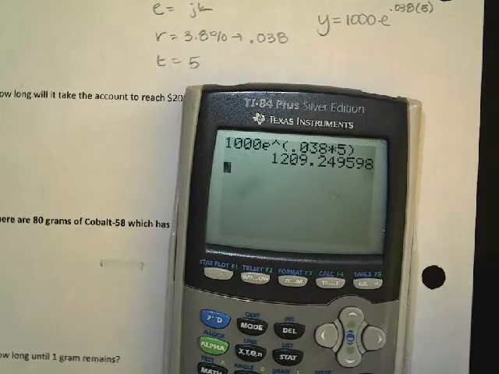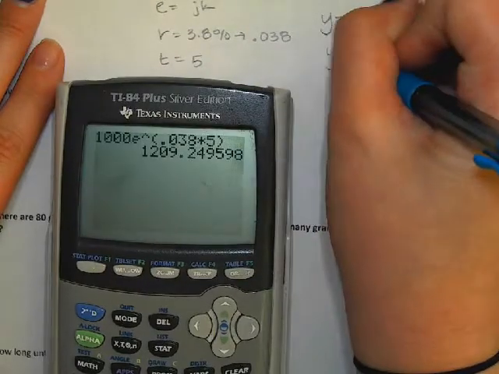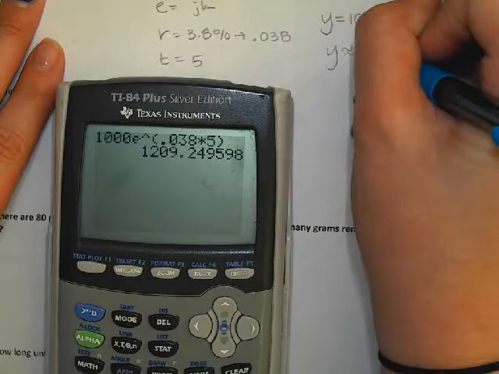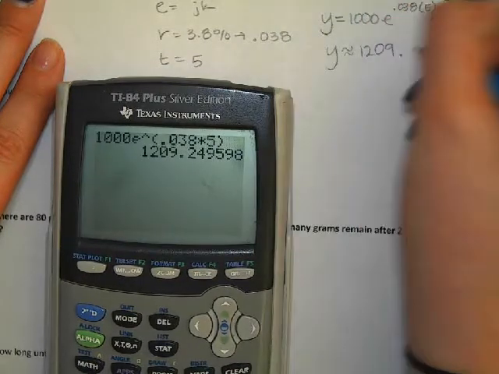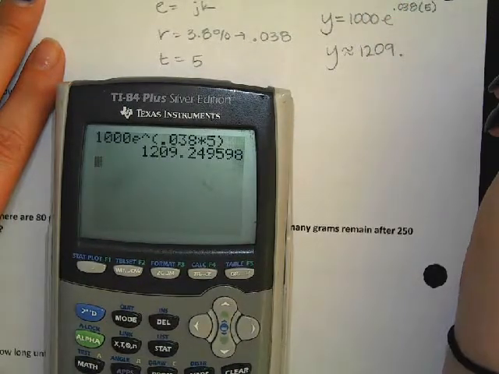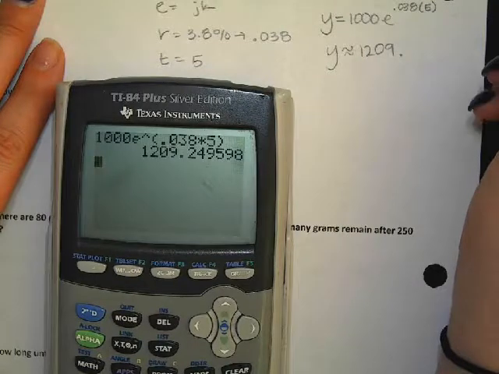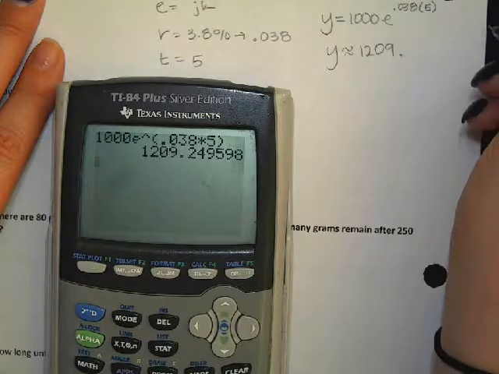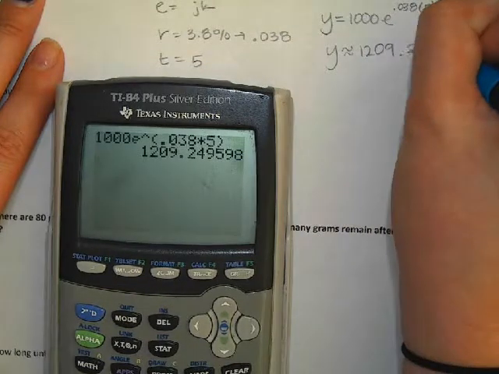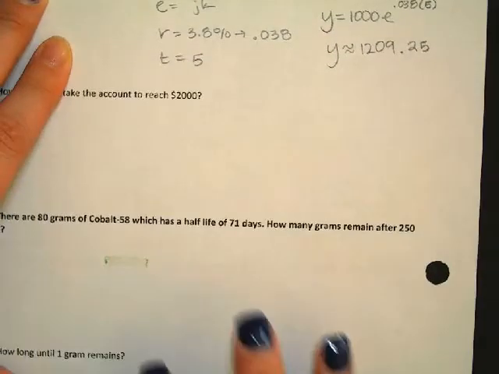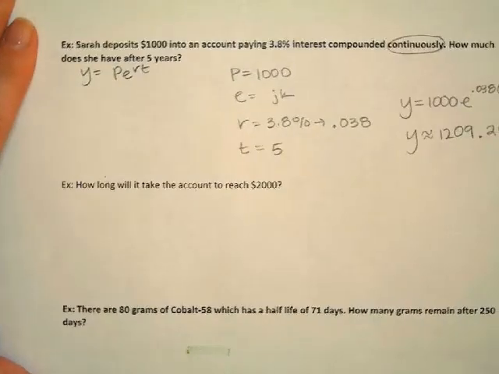Ta-da! All right. So we're going to say Y is approximately 1209 point. How many decimals should we have for this problem? 2. Why? Why not 3? Because it's money. Cents. Okay. So I'm going to say, what should I write?